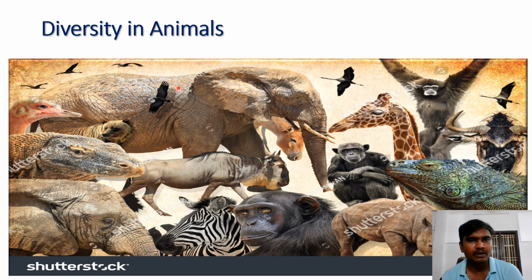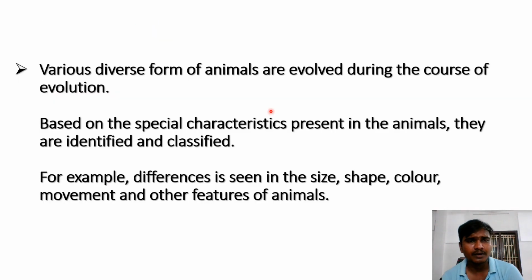Okay, and diversity in animals. Different animals are there on the earth, and various diverse forms of animals evolved during the course of evolution from their ancestors.